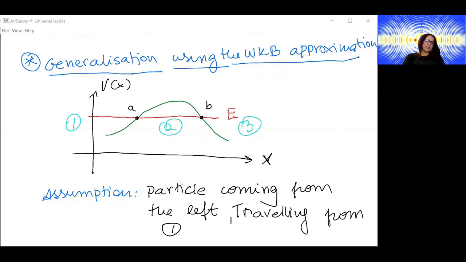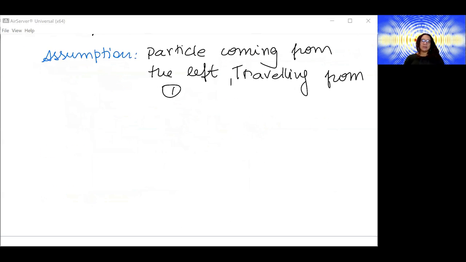We have a particle that is traveling from here, so something is going to get reflected, something is going to get transmitted. But here we know that we only have transmission, we don't have reflection, because there's nothing here on the right that is going to reflect this. So one thing we know for sure, we know what to expect in region 3.